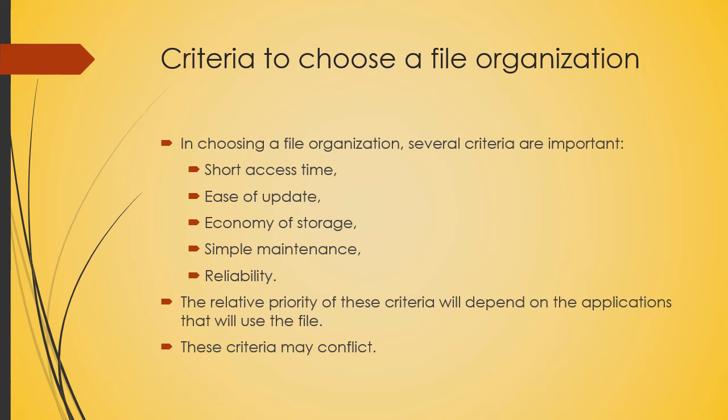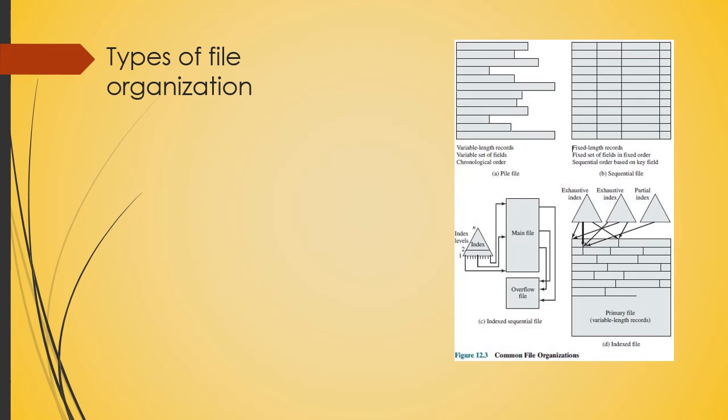These criteria may conflict. For example, to reduce size, there should be minimum redundancy in the data. On the other hand, we use indexes to increase the speed of access to data, and the use of indexes is a type of redundancy itself. Types of file organization.